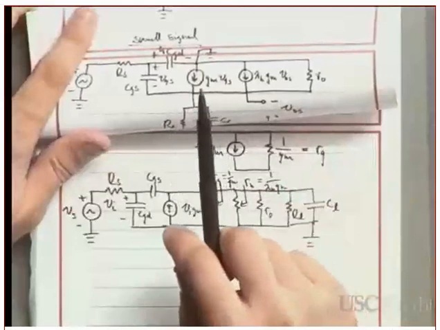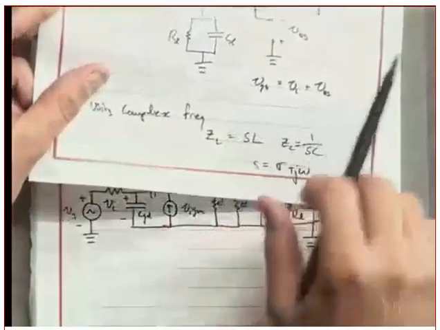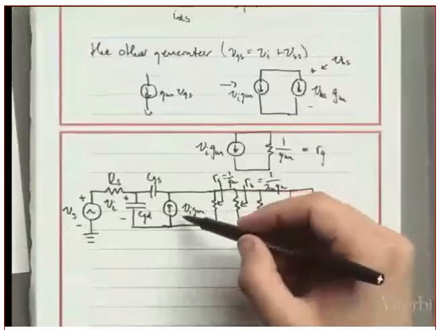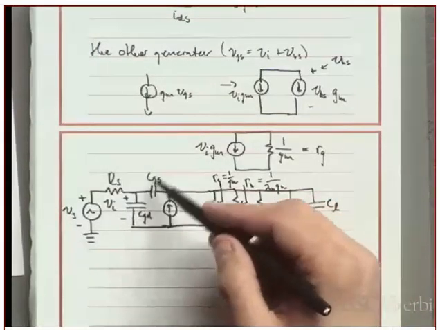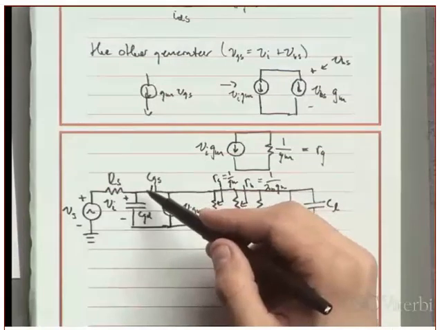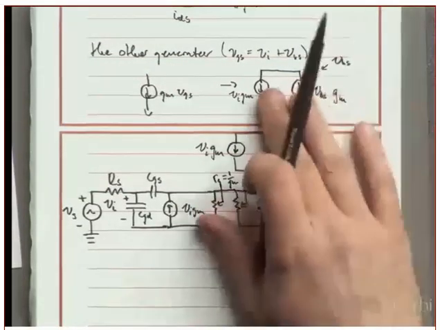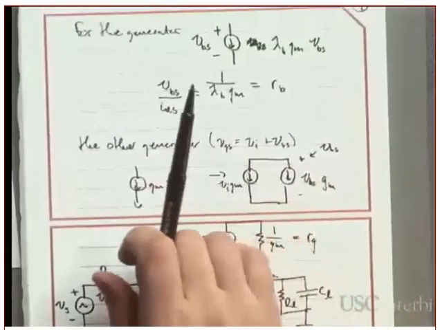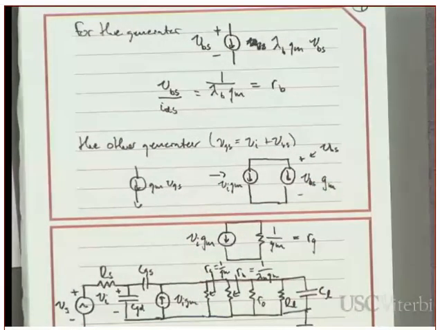Okay, so this thing right here, this VGS equals VI plus VBS, allowed me to get this generator in terms of the voltage across CGD instead of the voltage across VGS, and everything else kind of just fell into place where I simplified the generators to just be resistors by finding that the voltage across them was the controlling voltage.